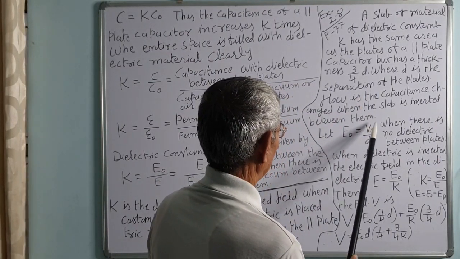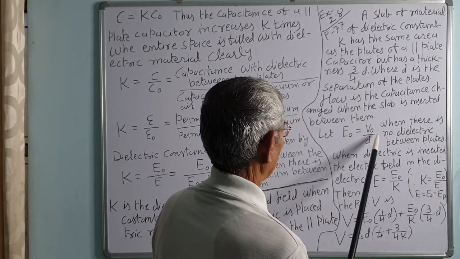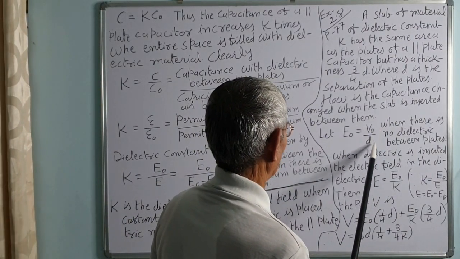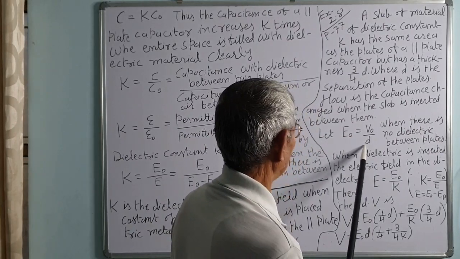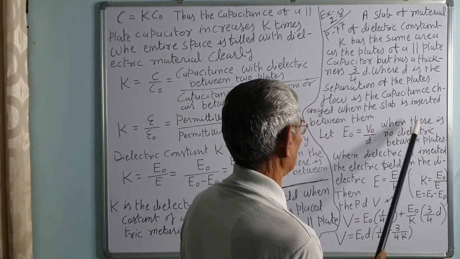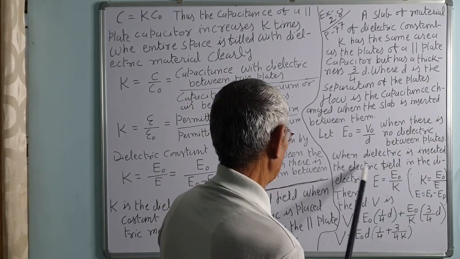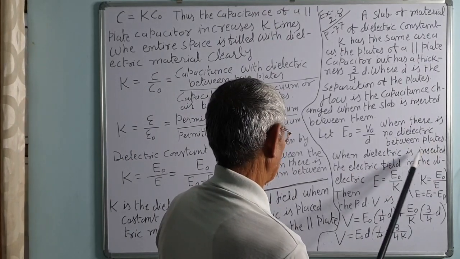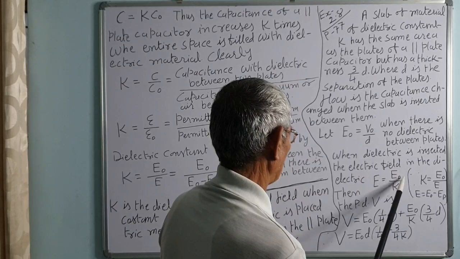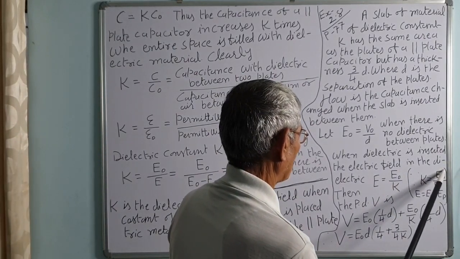Let E0 be the field in the absence of the dielectric, that is V0 upon D. We know that E0 D is equal to the potential difference when there is no dielectric between the parallel plate capacitor. When the dielectric is inserted, the electric field in the dielectric becomes E is equal to E0 upon K. K is equal to, we know, E0 upon E.